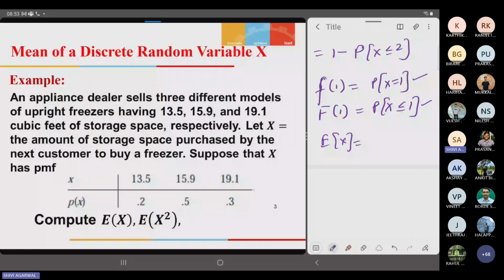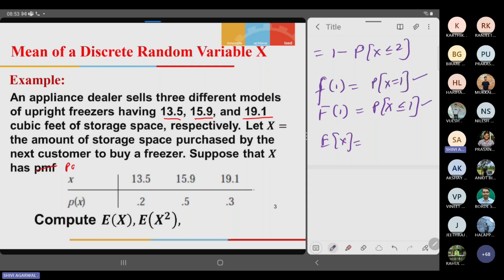Okay, now one example of how we can calculate the mean. An appliance dealer sells 3 different models of upright freezers having 13.5, 15.9 and 19.1 cubic feet of storage space respectively. Let X be the amount of storage space purchased by the next customer to buy a freezer. Suppose X has a PMF, probability mass function.